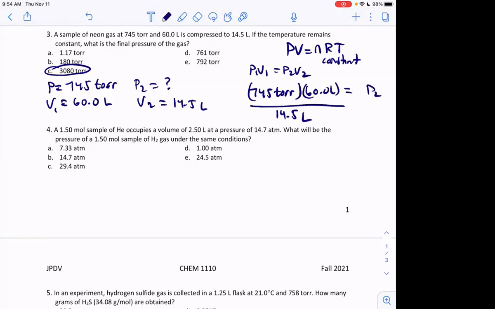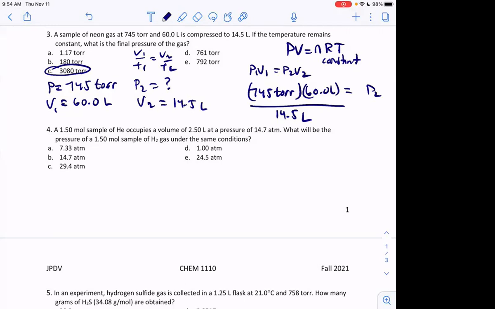But I think what you're asking is if we had something like Charles' law, V1 over T1 equals V2 over T2. So yes, you have to convert that to Kelvin.